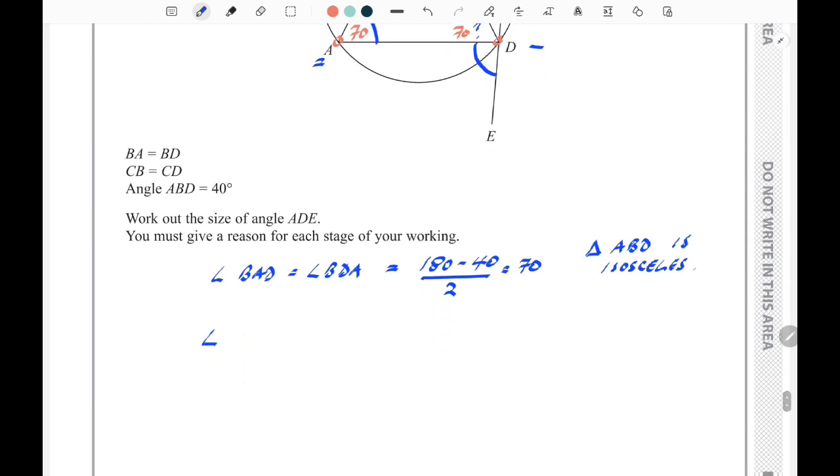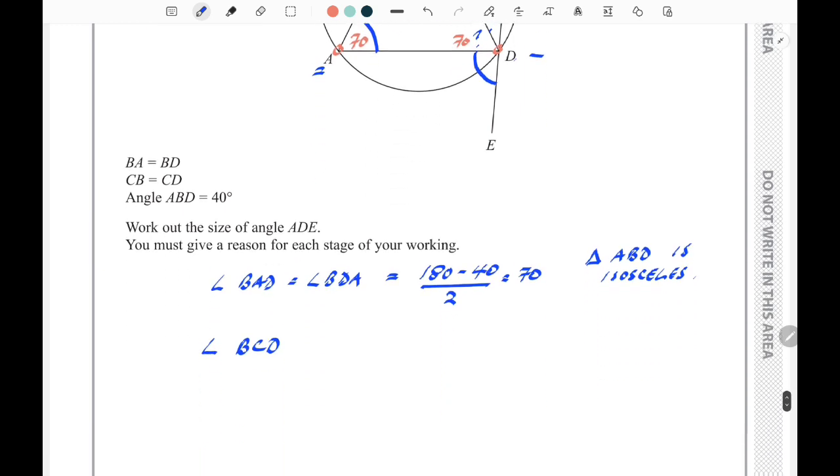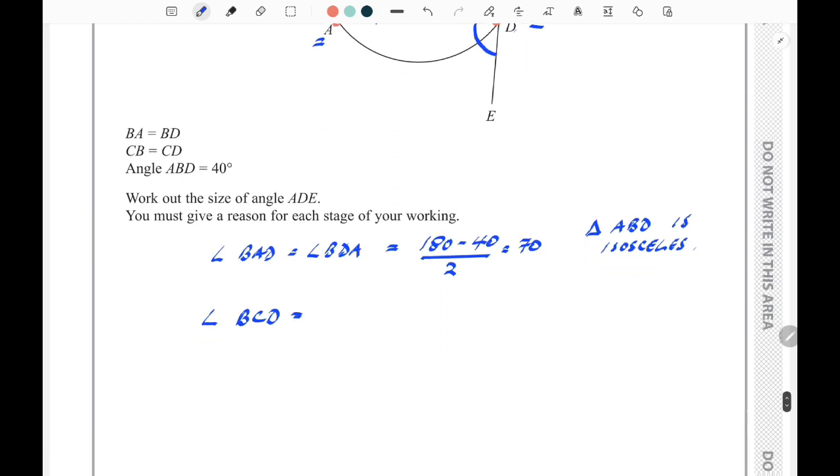So angle BCD equals 180 minus 70, that's 110. Okay, and here you can say, let me undo that, don't need to write so much detail.